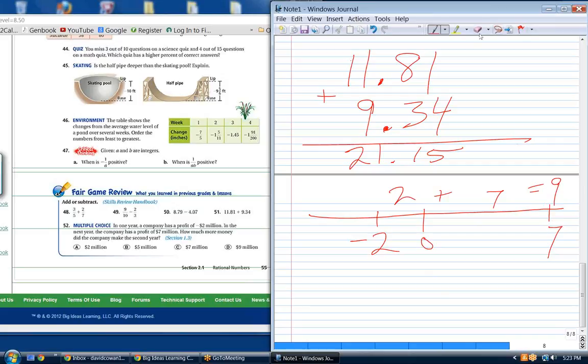Now, let's change the problem a little bit. Let's say in the second year they lost 1 million. Now, how much better did they do in the second year over the first year? They did $1 million better.